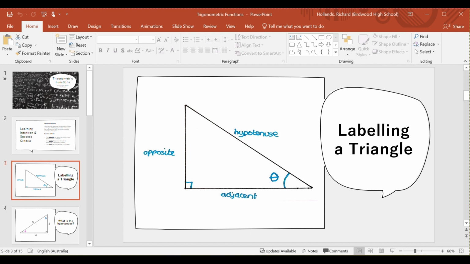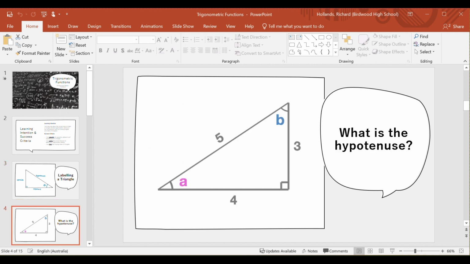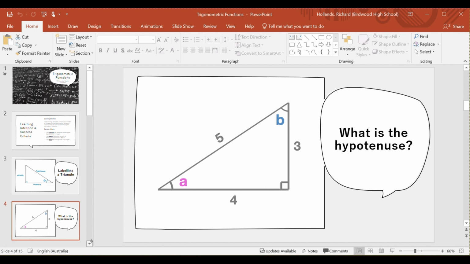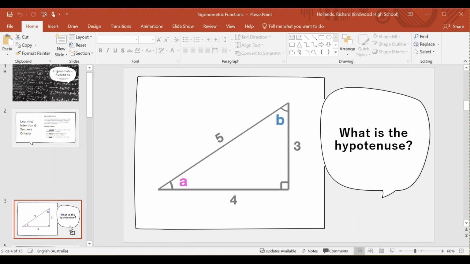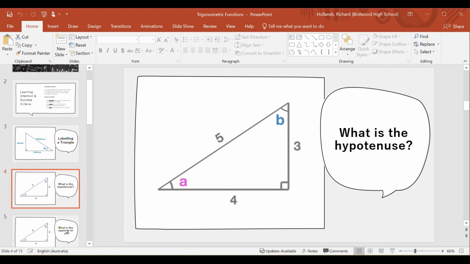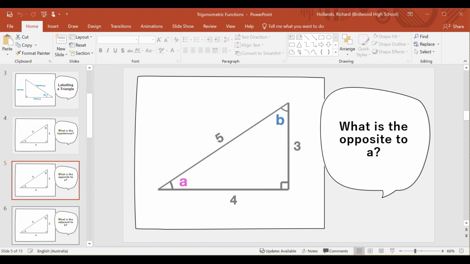So when we go to this next slide and we look at what is the hypotenuse, we look for that symbol that is the right angle, and we go across. We know that the hypotenuse equals 5. When we are looking at what is the opposite to A, we find A, and we go directly across from A. The opposite to A is 3.